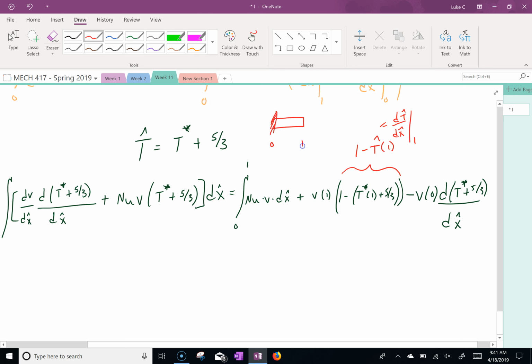This is 0, this is 1. So the boundary condition over here is the derivative, which is 1 minus t hat. And that was given in the problem. This boundary condition over here on the right is the boundary condition at basically x hat of 0. Okay? And we're going to get to that in a second.